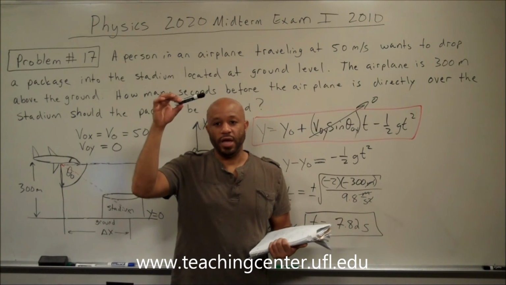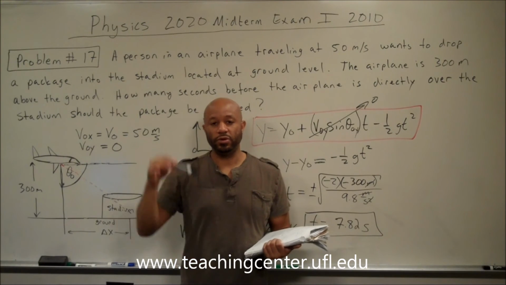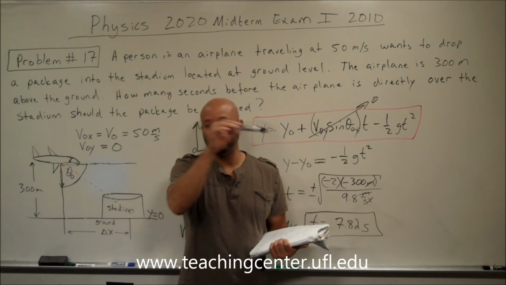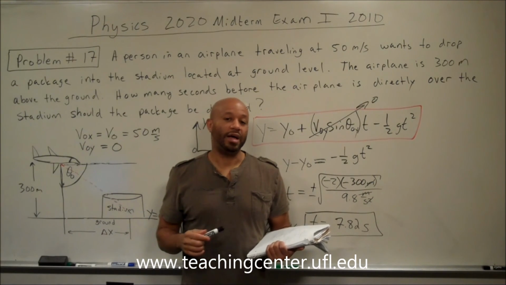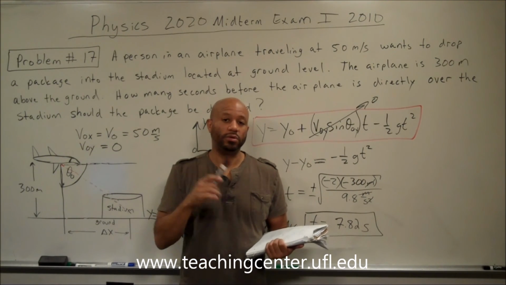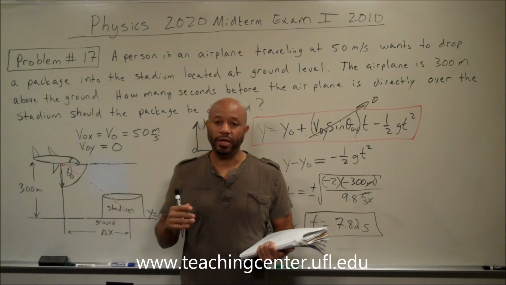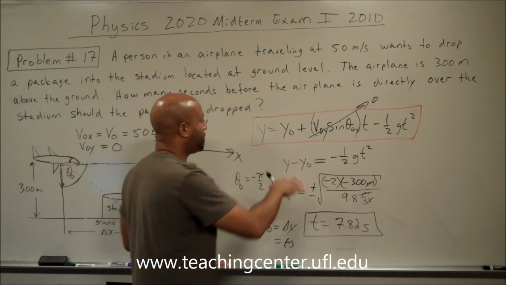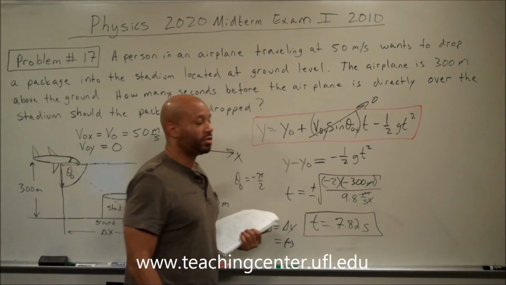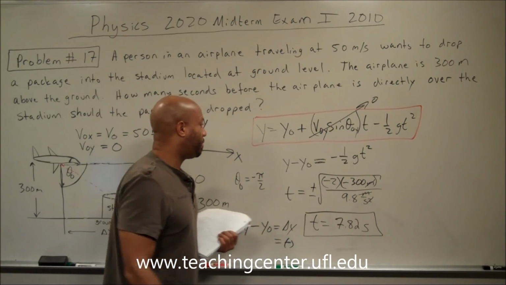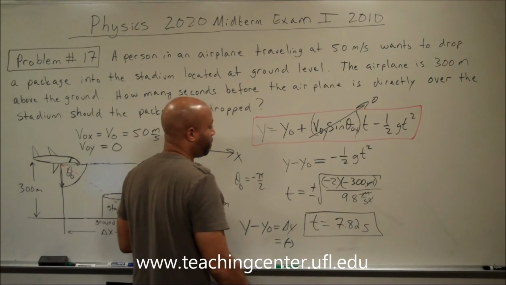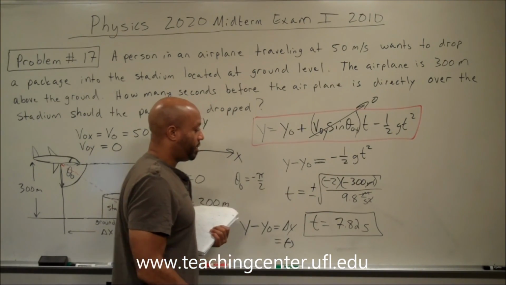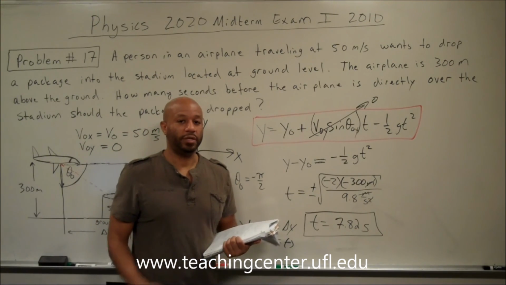And the time it takes for it to hit the ground is going to be the same time it takes for it to hit the ground at a particular height if it's moving with an initial velocity in an x direction. So that's the critical key to solving this problem. So as you can see, that helped us to simplify our equation greatly, so that we could just solve this equation for t, and then indeed we got the answer to be 7.82 seconds.